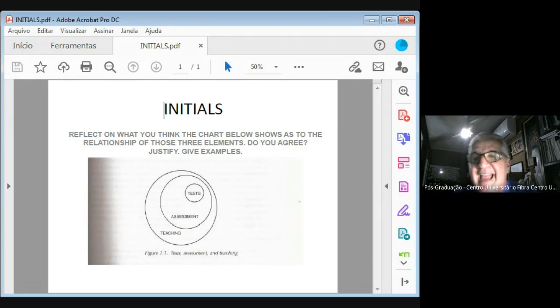So a test, what does it do? It gives the student some questions, okay, in one way or another, for the student to prove that he was able to learn the most important topics that you taught. What is that? That is assessment. You're collecting information about that student considering the most important points you have taught.